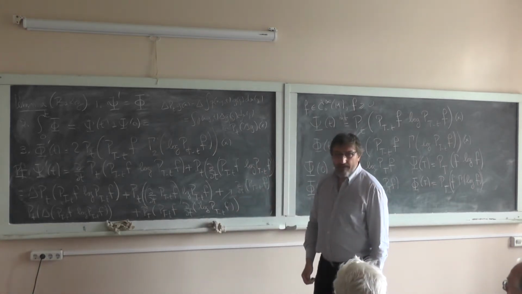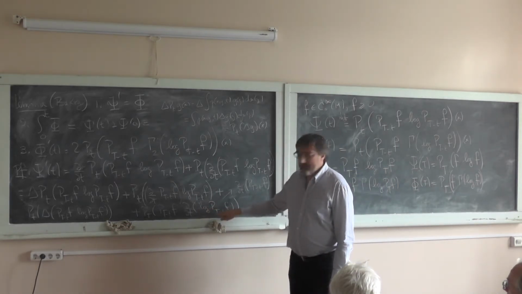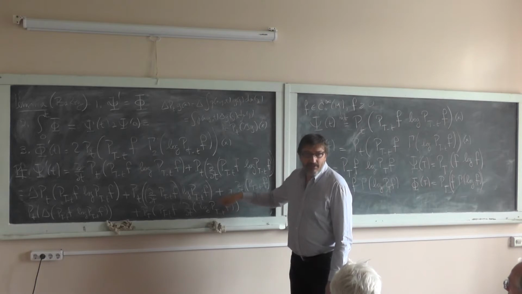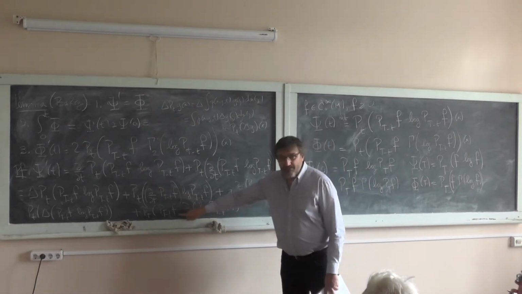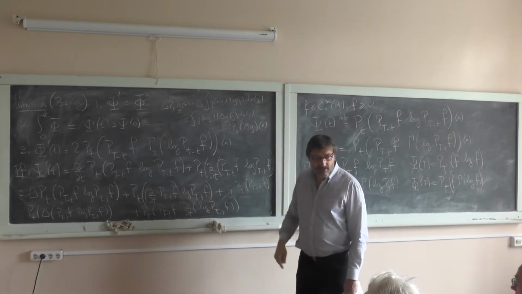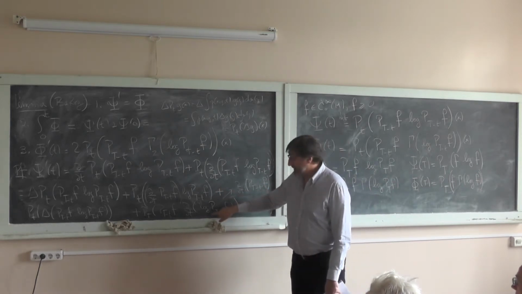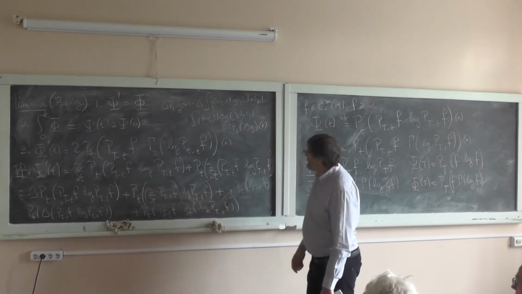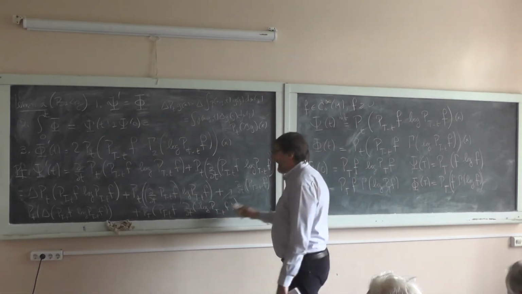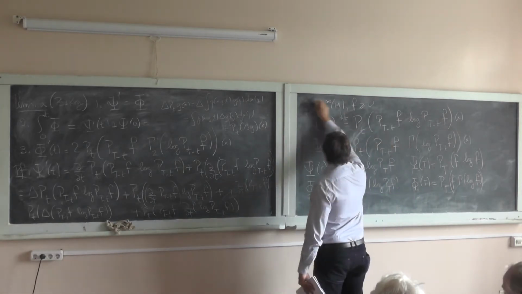Is it clear? d/dt of the logarithm is d/dt of the function divided by the function. But then I have the same function here, so numerator and denominator cancel, and I'm only left with this inside the parentheses here. So that means that I unfortunately have to erase here.